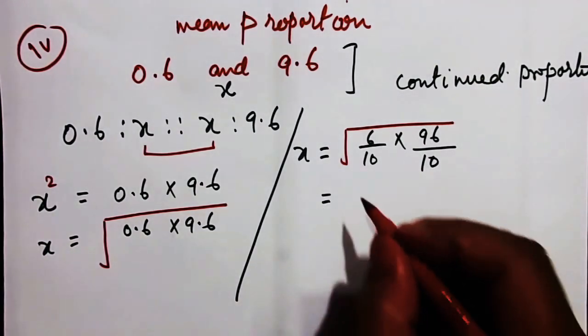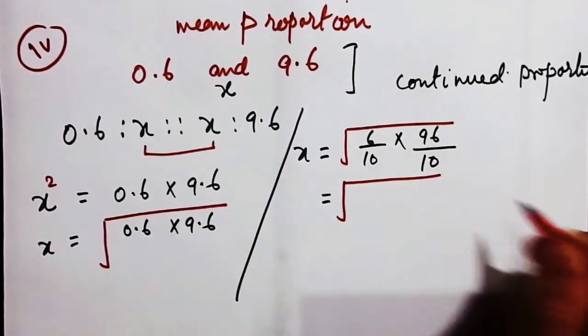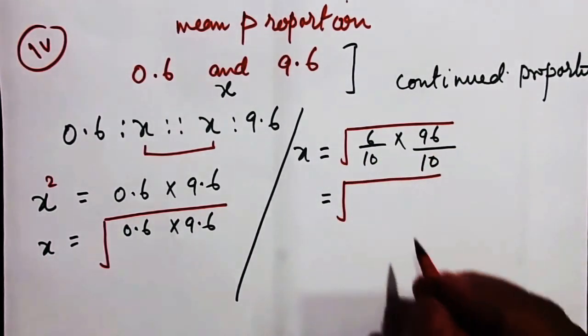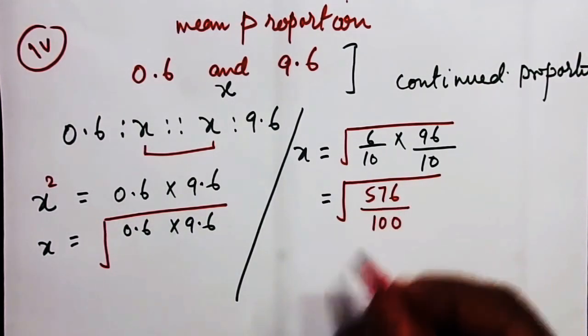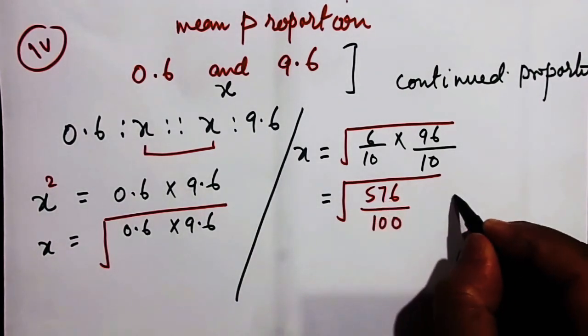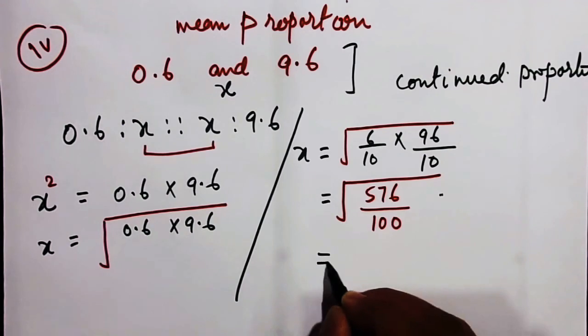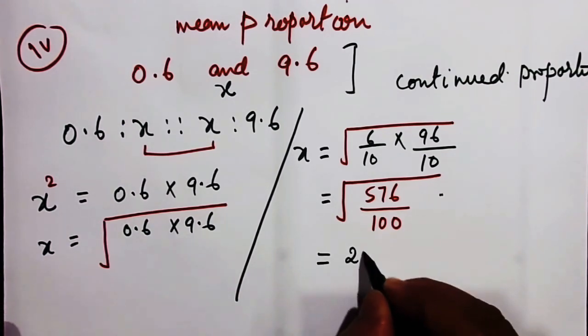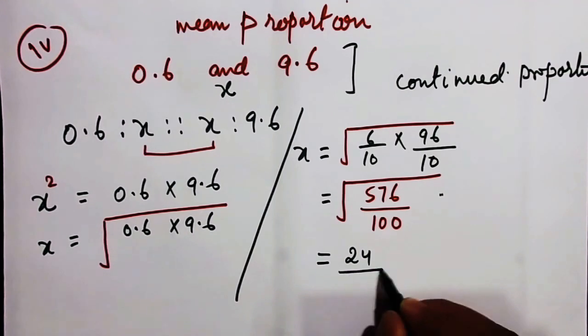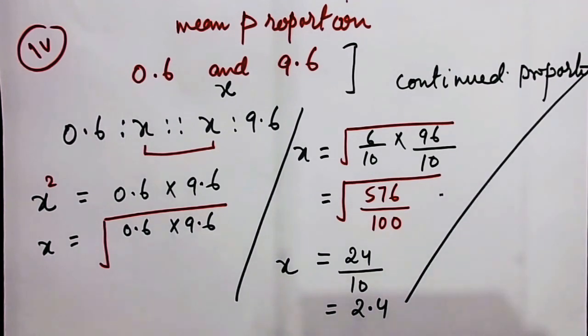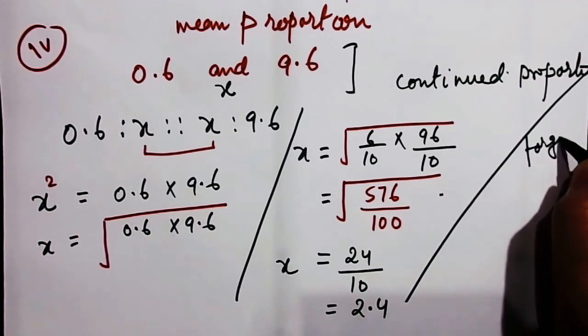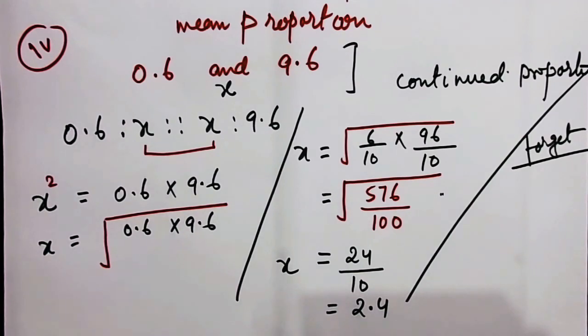Let's see, the square root is still lingering. 6 into 96 will be equal to 576 by 100. So the square root of 576 will be equal to 24, and the square root of 100 will be equal to 10. So x is equal to 24 by 10 or 2.4.